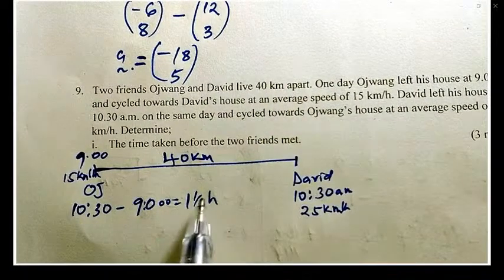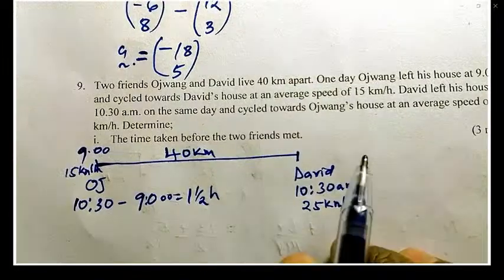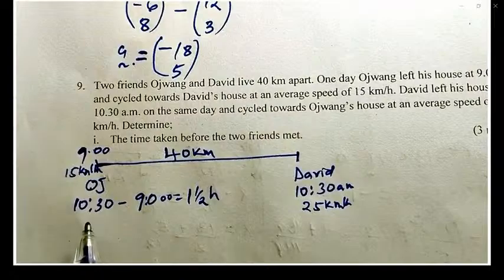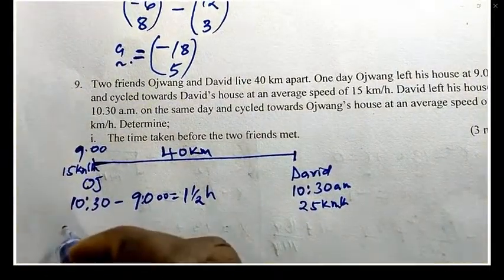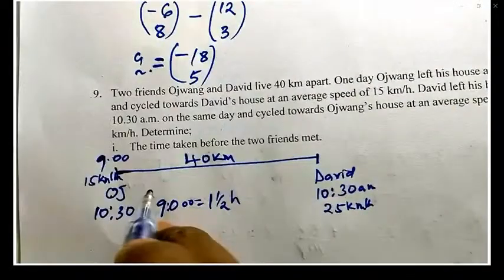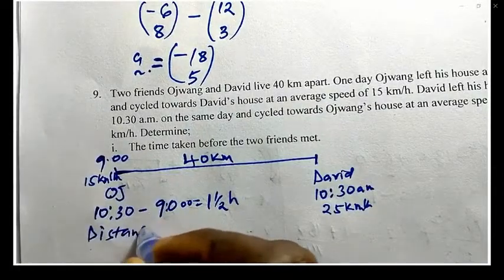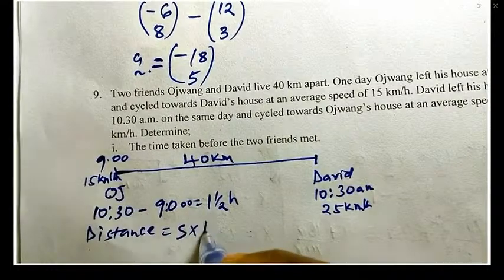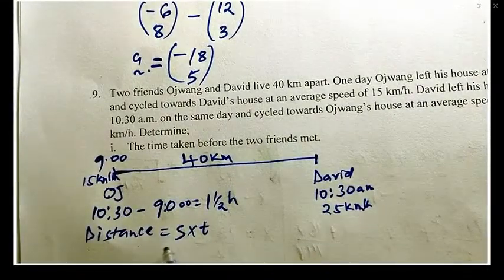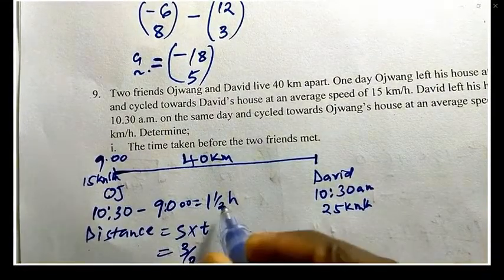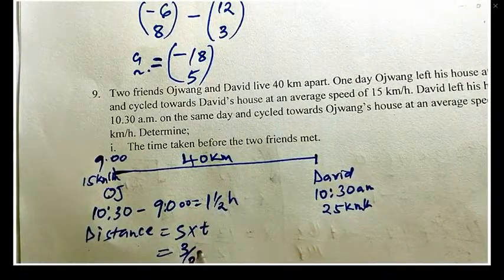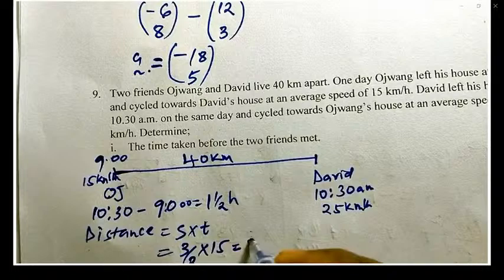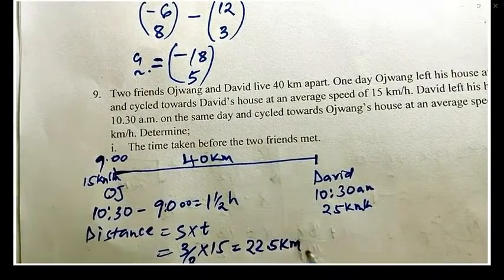So we want to see the distance covered by Ojuang before David started. The distance covered by Ojwang before David started will be equal to speed times time taken. That is 3/2, I have converted it, times his speed of 15. We get that he will have gone 22.5 kilometers before David starts.